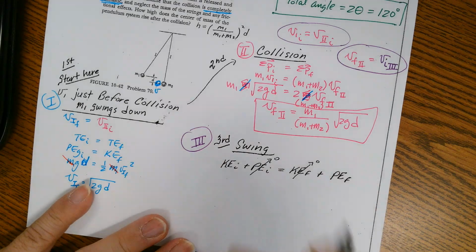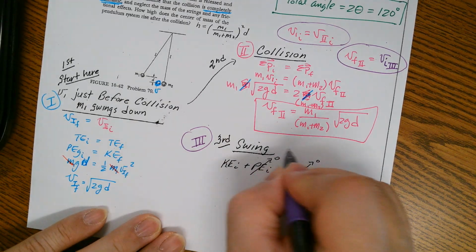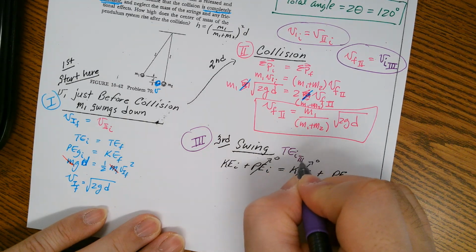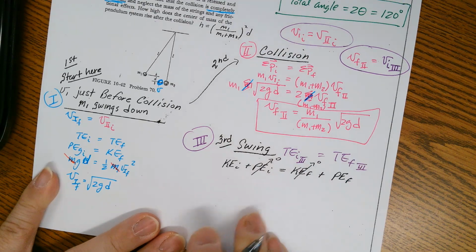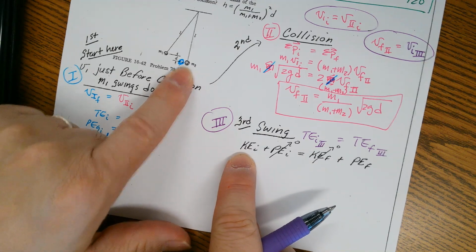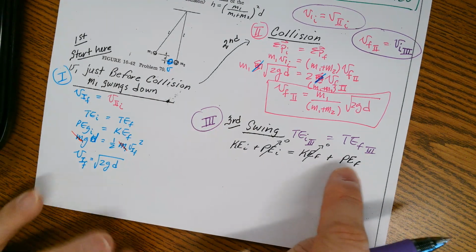Now the swing part. Here, total energy initial of phase 3 must equal total energy final of phase 3. Initially I only have kinetic energy after the collision. Afterwards, it transfers to just gravitational potential energy.